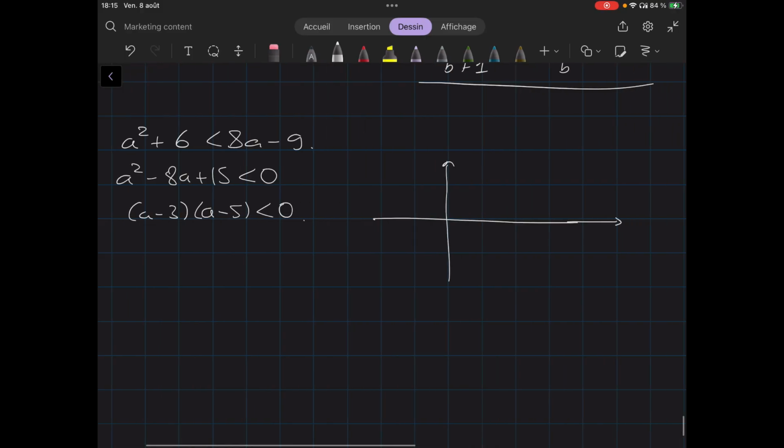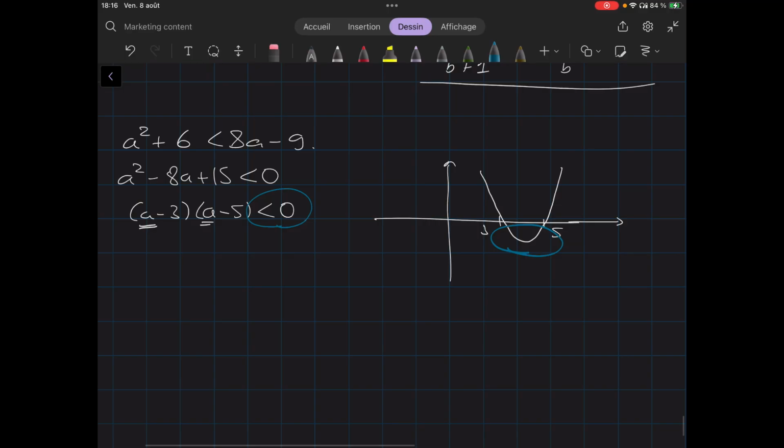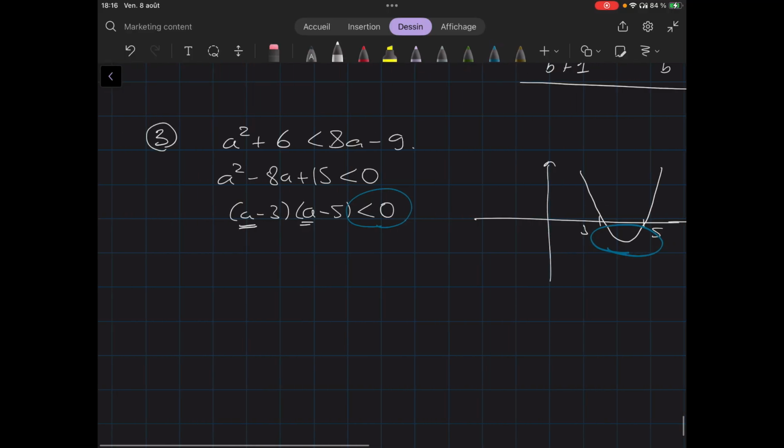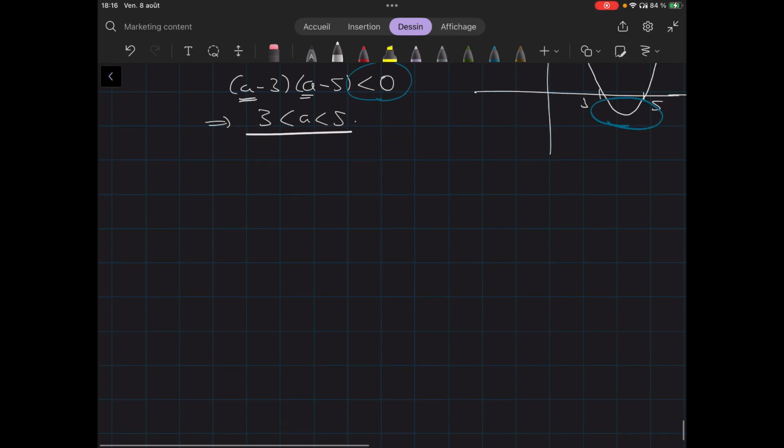The two roots are 3 and 5. This doesn't have to be to scale. We know that the coefficient of a squared is positive, so we're going to have a parabola opening up. Therefore, it is less than 0 if it is between 3 and 5. Done.